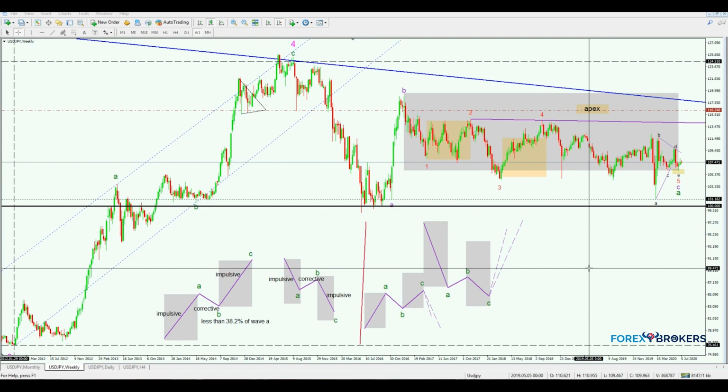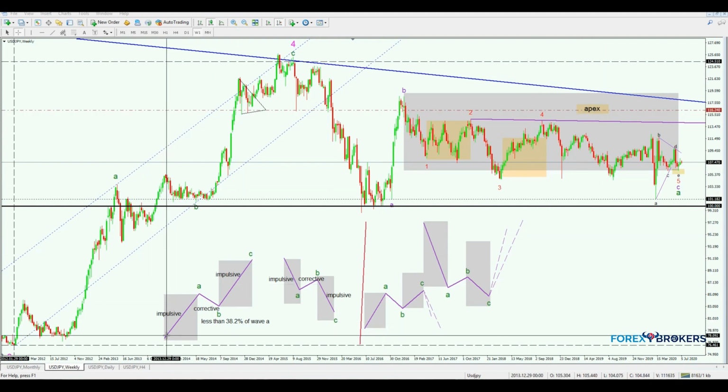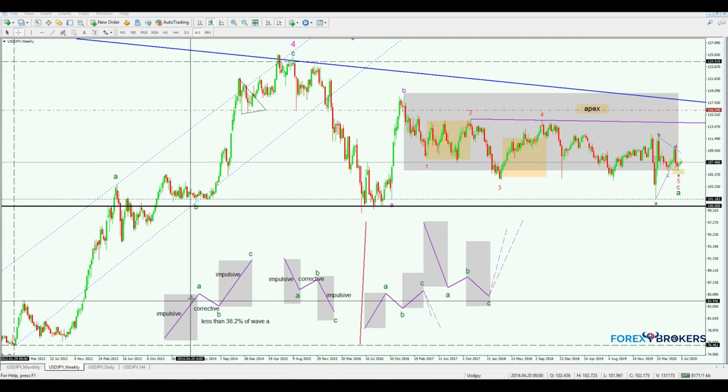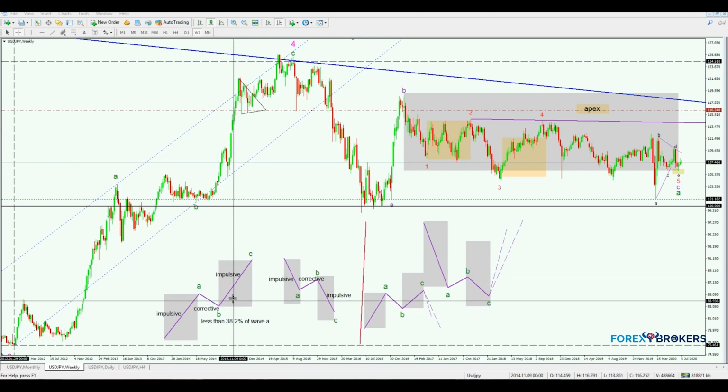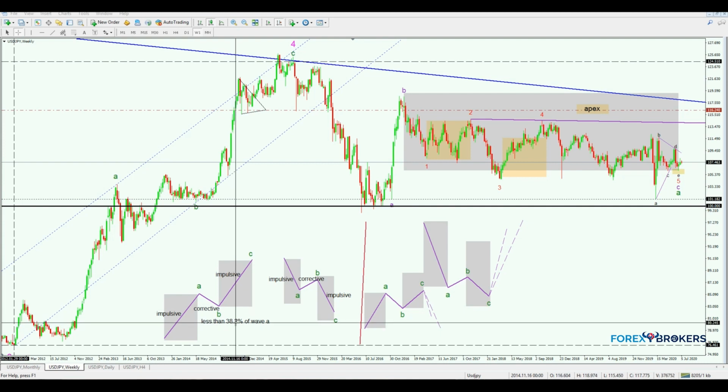We've discussed so far the generalities of a zigzag. A zigzag has an impulsive structure for wave A and wave C, while the only corrective wave, the B wave, rarely retraces more than 38.2 of wave A. The definition says that it can go all the way to 61.8, but that's not necessarily the case.